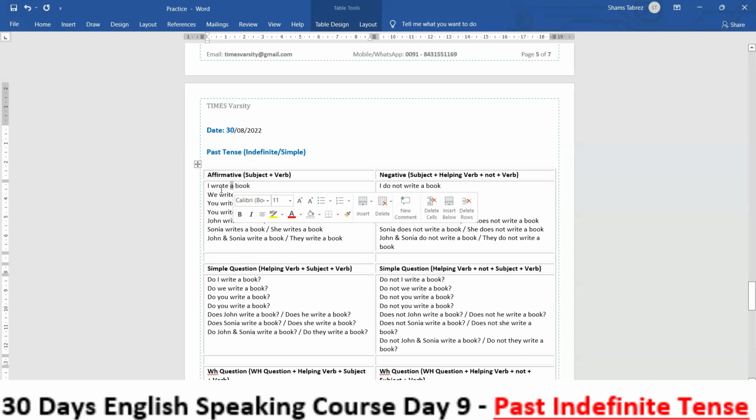So you are saying I wrote a book, meaning मैं एक किताब लिखा था. एक किताब, this is important because you are using the article. If you don't use the article a, then you can say मैं किताब लिखा. So if you are using a, then you should be using it. Yes, please make a second sentence.